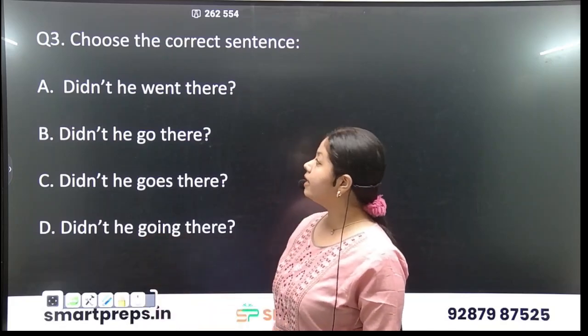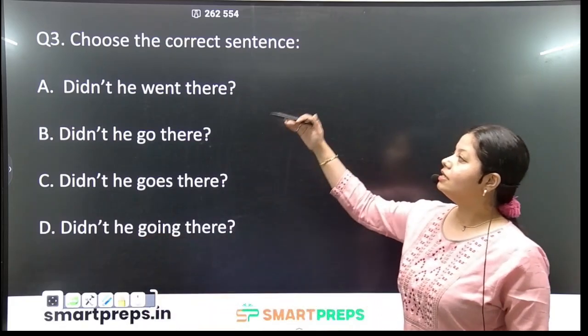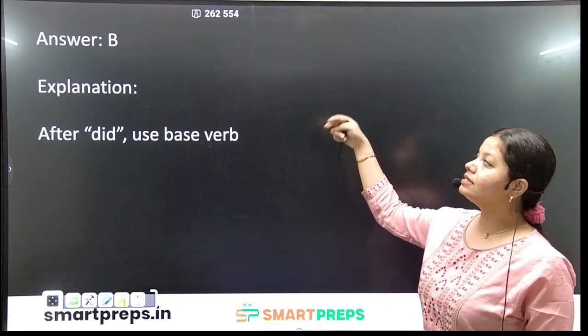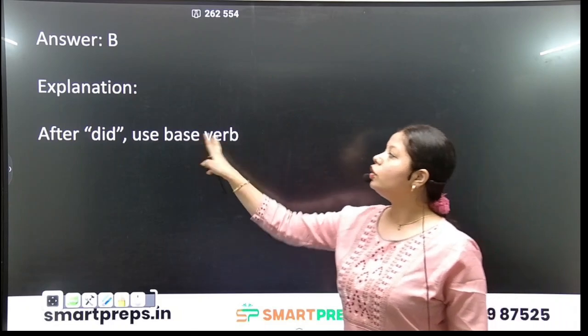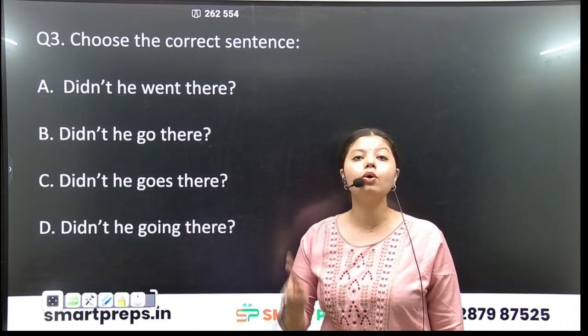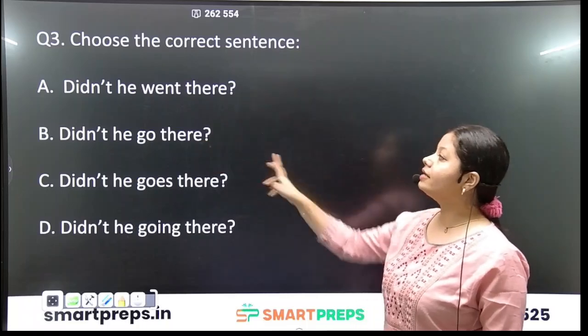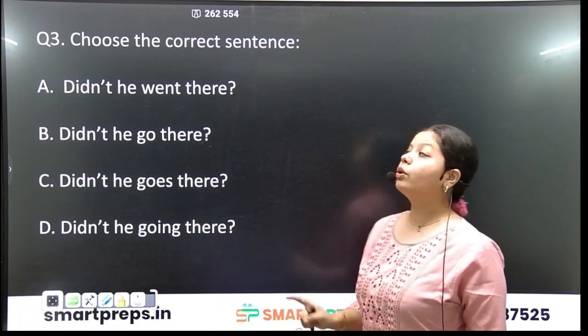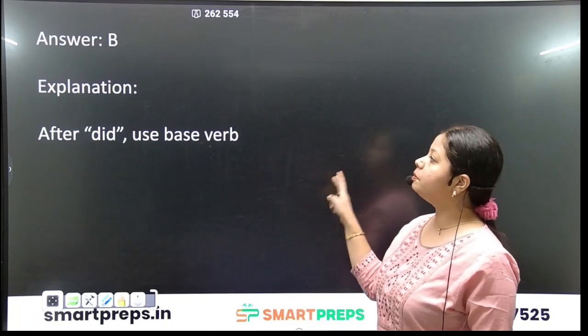So what will be the correct answer? Just check the tense. The answer is B, "Didn't he go there?" because after did, using the base verb go is the correct tense, and also the correct way of structuring the sentence along with the auxiliary and the not in the negative interrogative sentence. So the answer is B.